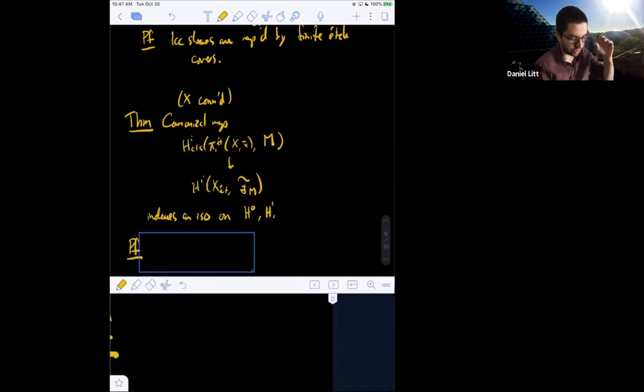Morally, this is the same as the following topological situation. If you have a space X, like a semi-locally simply connected space X, it has a covering space, which is a pi1 torsor. In other words, it maps to B pi1, and this is the pullback on cohomology.